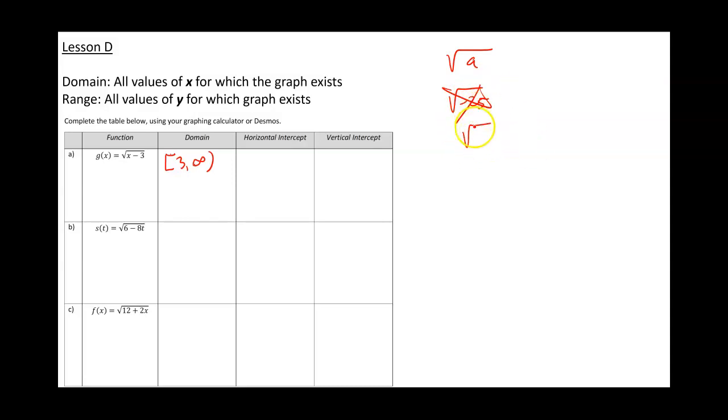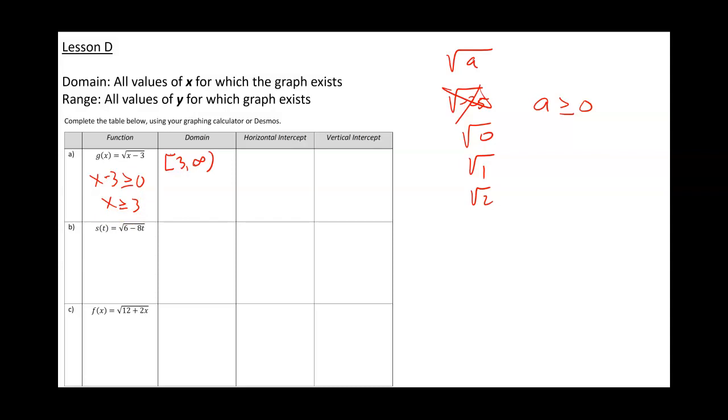Like we can take the square root of 0, square root of 1, square root of 2, etc. So whatever that expression is, it has to be greater than or equal to 0. So if we take x minus 3 and set it greater than or equal to 0 and solve for x by adding 3 to both sides, I'm going to get x is greater than or equal to 3. And that's what the graph told us as well, that for the values of x that are greater than or equal to 3, the graph exists.